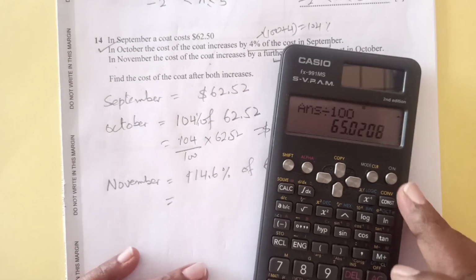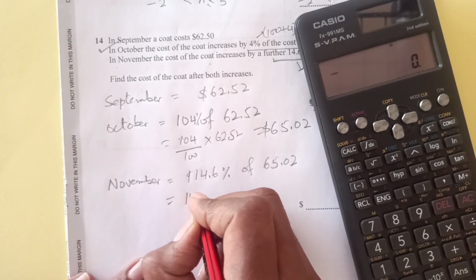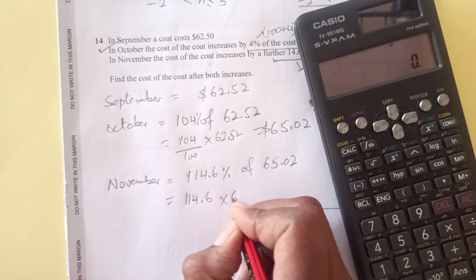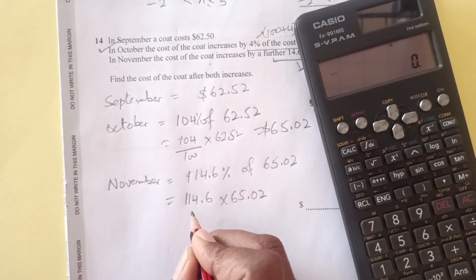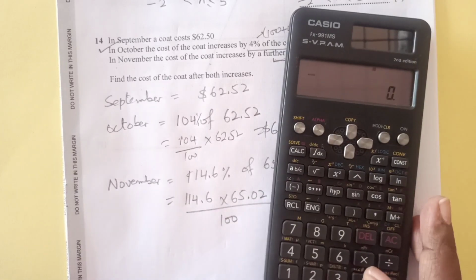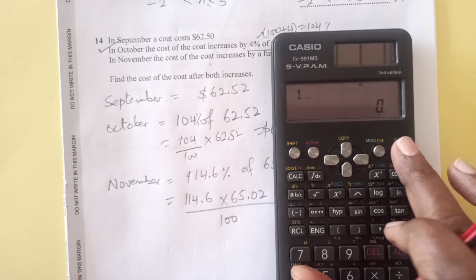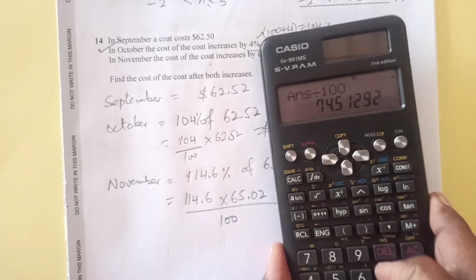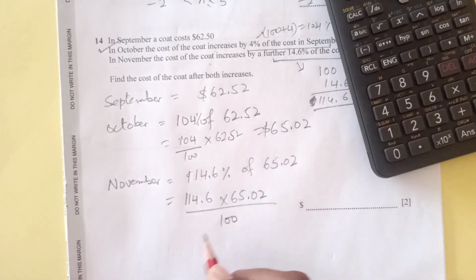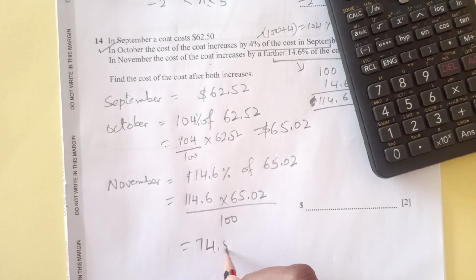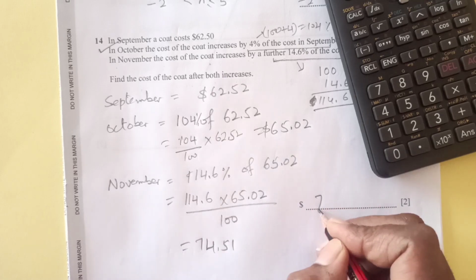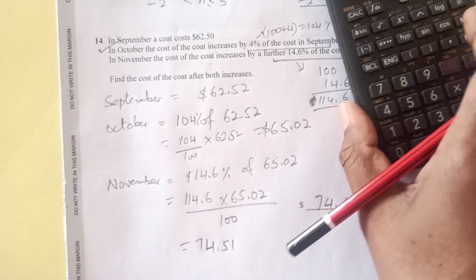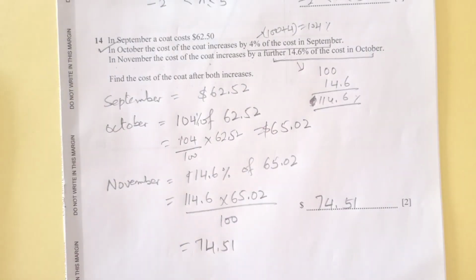So now we will calculate that again. 114.6 times 65.02 over 100. So 114.6 times 65.02 divided by 100 is 74.51. So 74.51 is going to be the final answer, right?